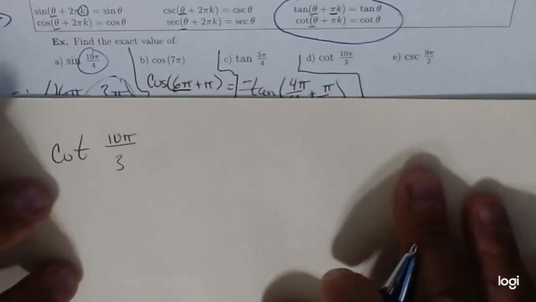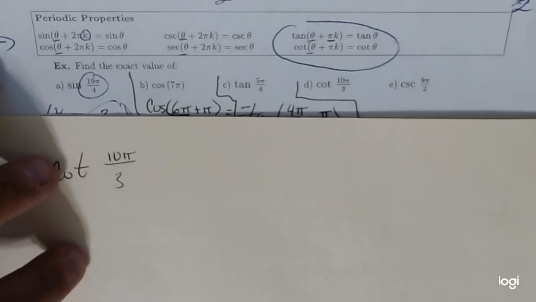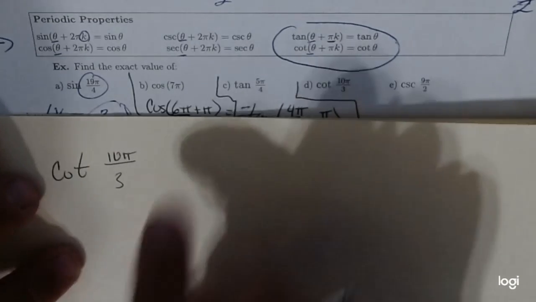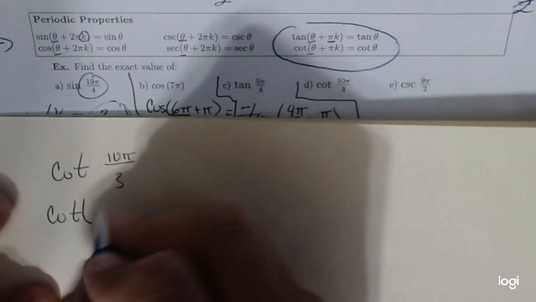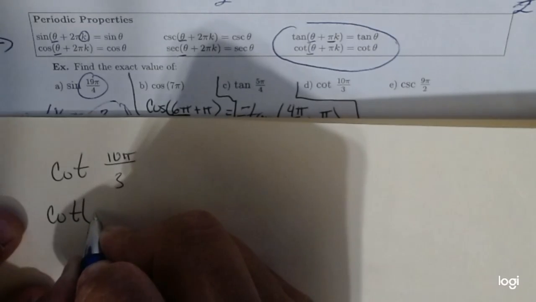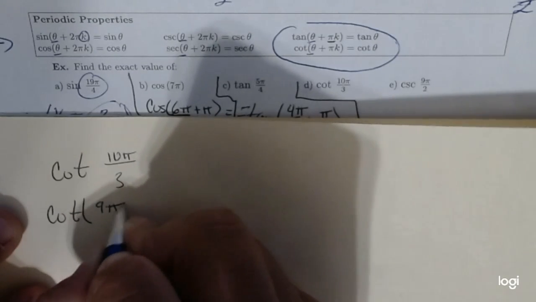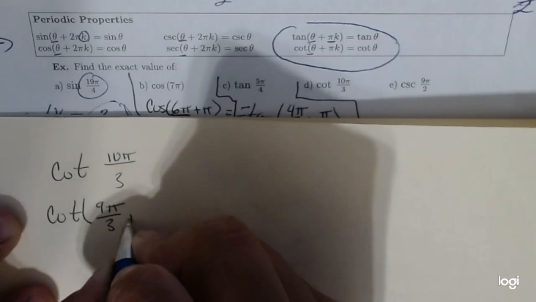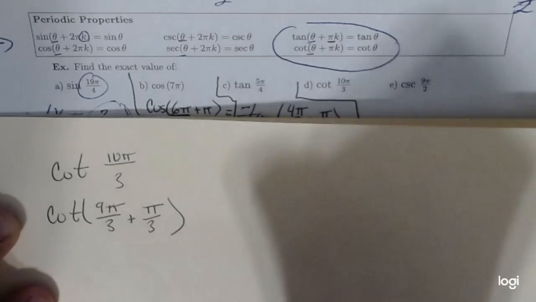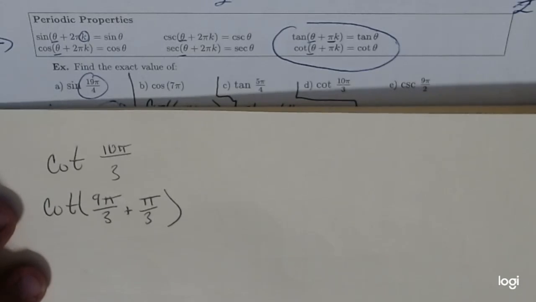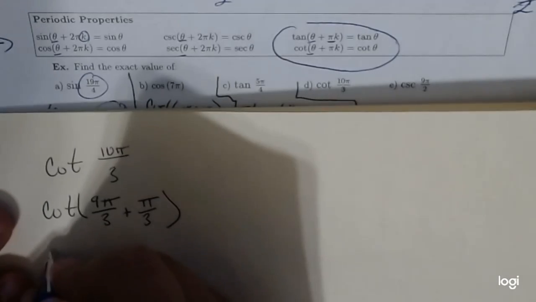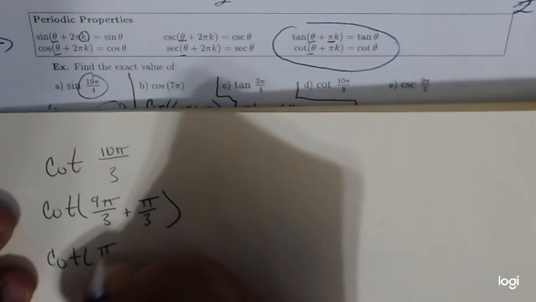Okay. All right, so same as tangent, cotangent also has a period of pi. So it's the same thing as now writing cotangent. We're going pi, so this goes into 9 pi over 3 with a remainder of pi over 3 revolutions, right? So it goes around 3 different times. So therefore, this becomes whatever cotangent of pi over 3 is.